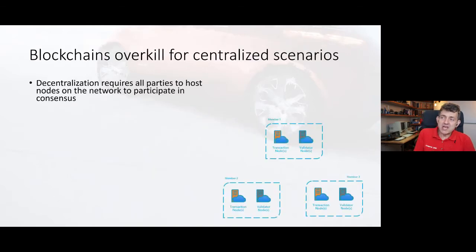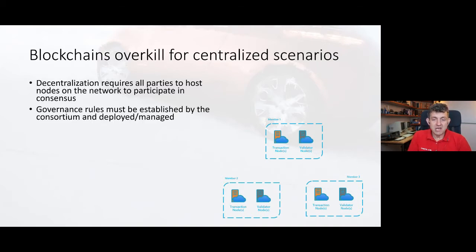So why are blockchains overkill in some of these scenarios, especially in scenarios that require a kind of centralization? When you decentralize completely, which is the typical blockchain scenario, all parties that host nodes running the blockchain computation need to be available and participate to reach the consensus.